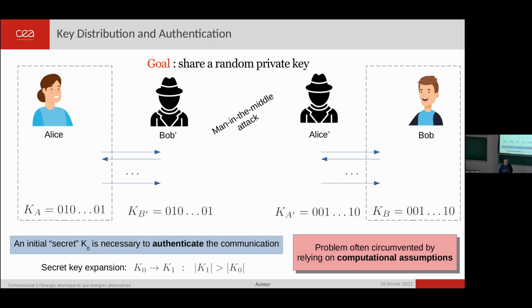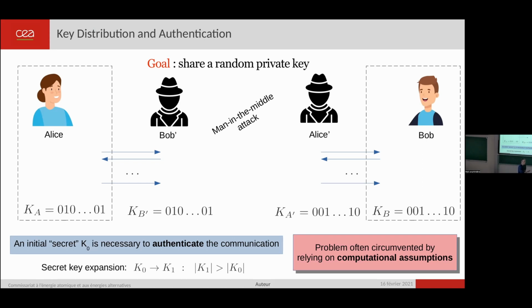Sorry, I'm a bit confused by something you said. You say that there is no classical protocol to share a random private key, but I thought there was the Diffie-Hellman protocol, which can do that. So I was wondering where... It's using one-way functions.